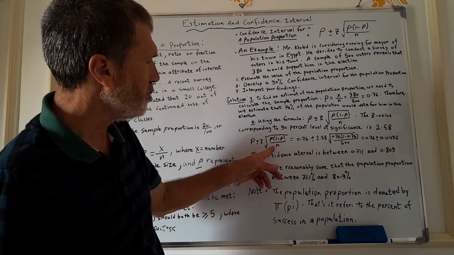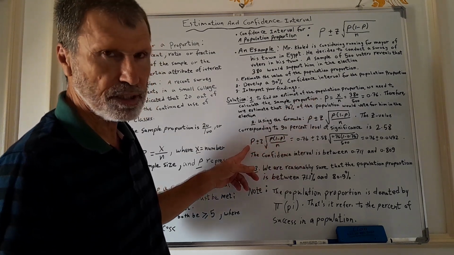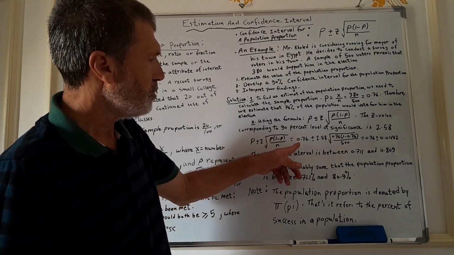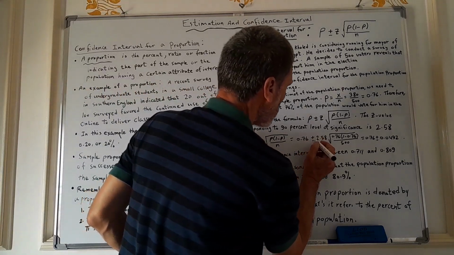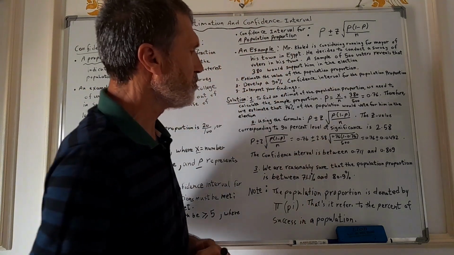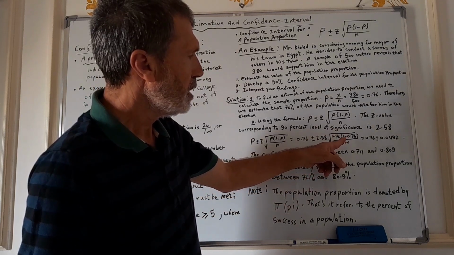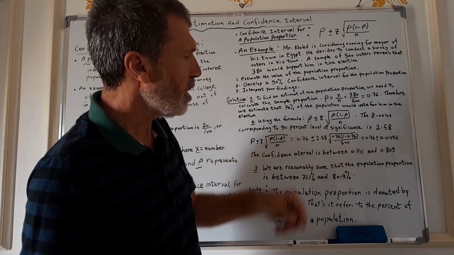After plugging in all those values, we get p equals 0.76. We have already calculated p, which is the sample proportion. Plugging that into the formula, we get 0.76 plus or minus 2.58 times the square root of 0.76 times 1 minus 0.76 over 500.